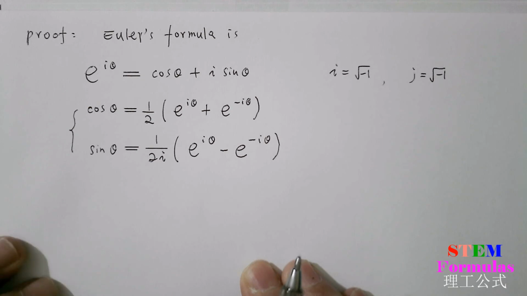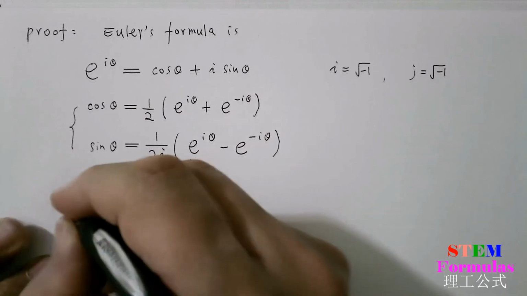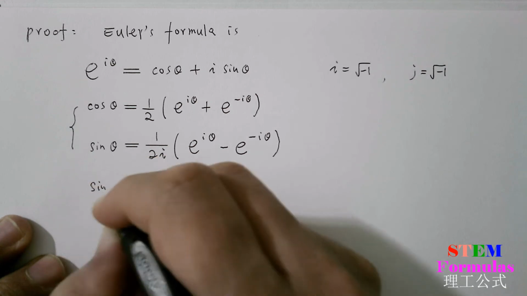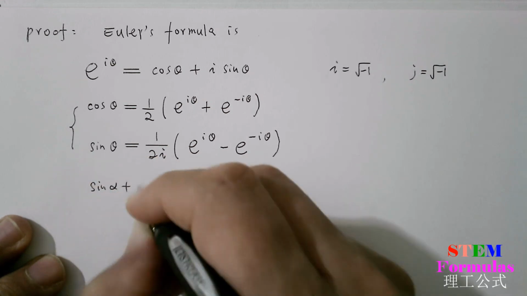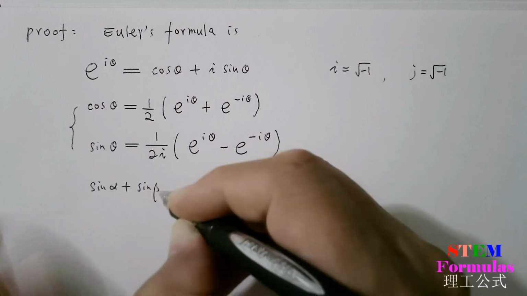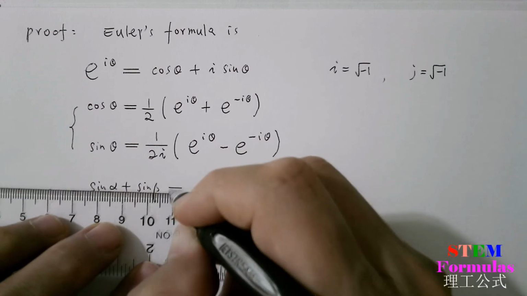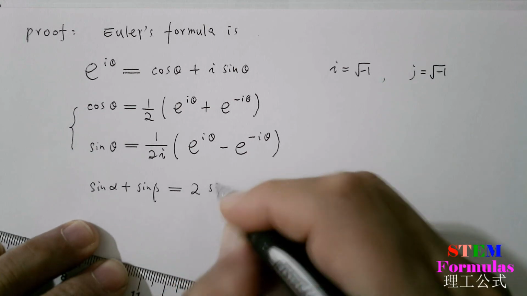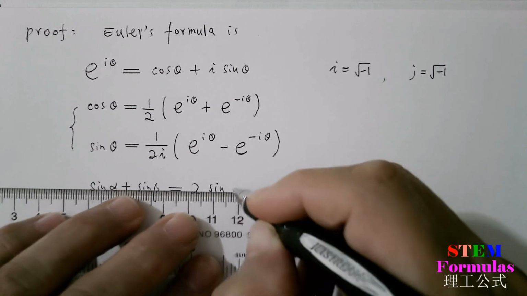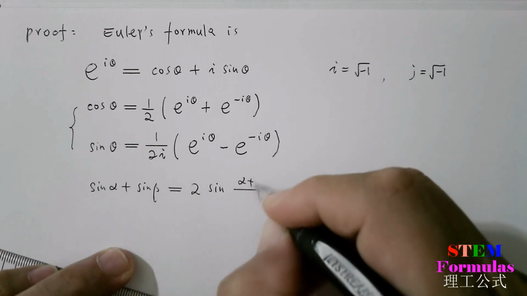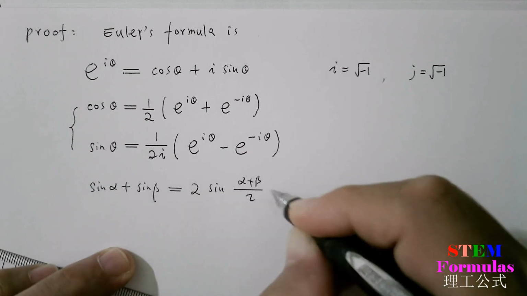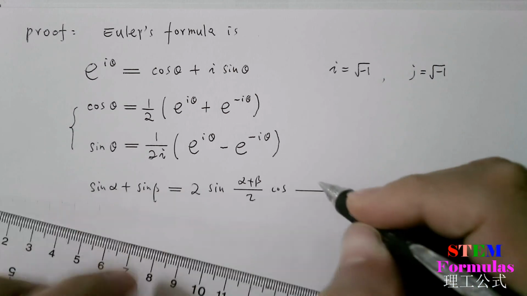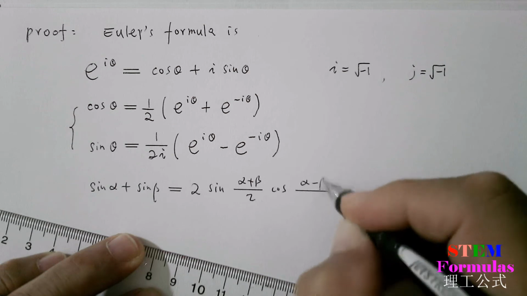What we need to prove is the following. We need to prove sine alpha plus sine beta equals 2 times sine of (alpha plus beta) divided by 2 times cosine of (alpha minus beta) divided by 2.